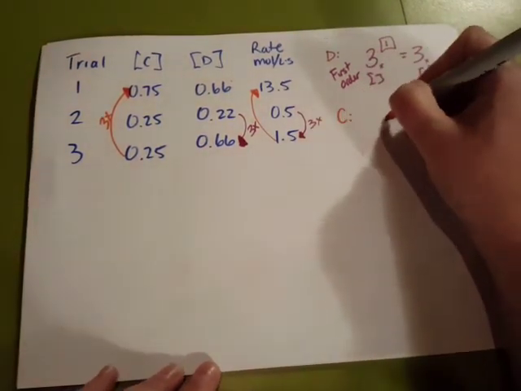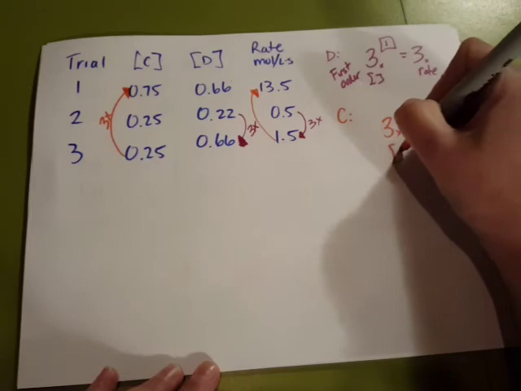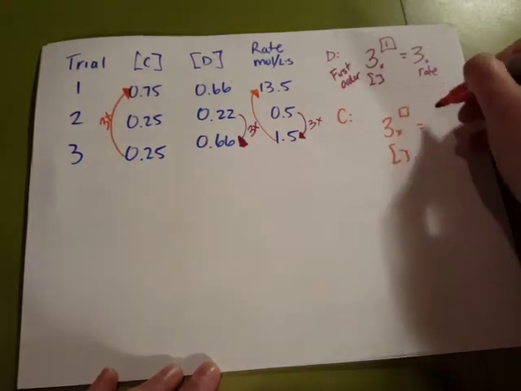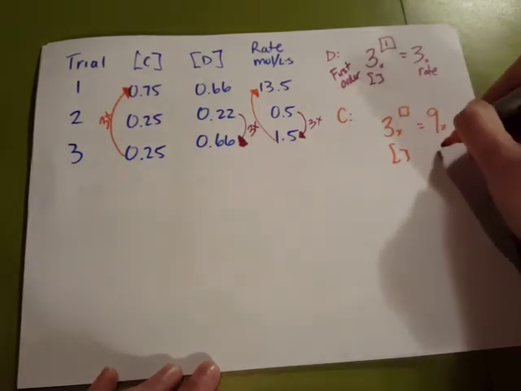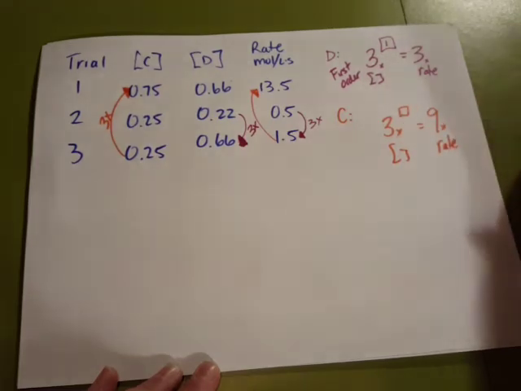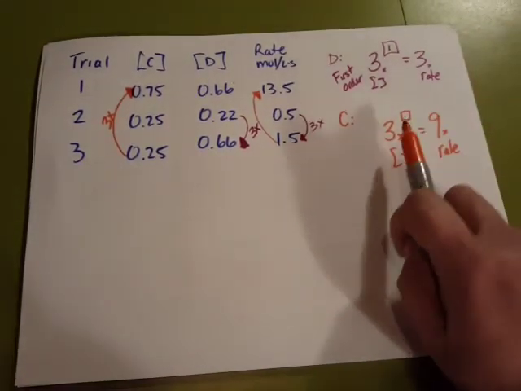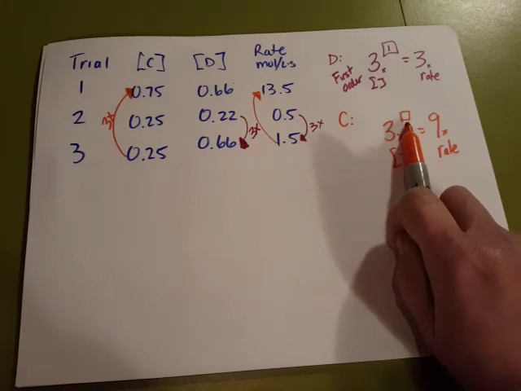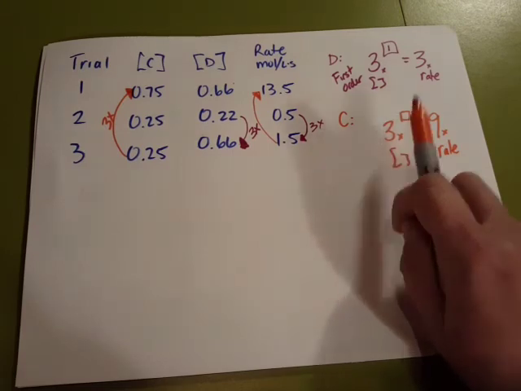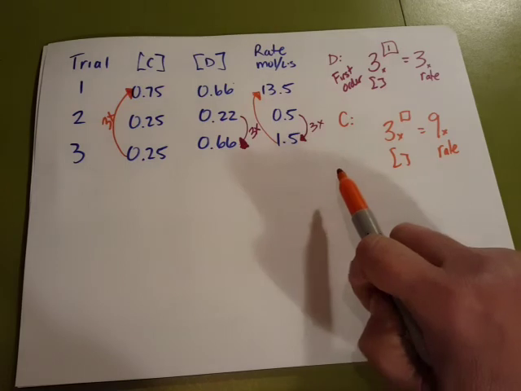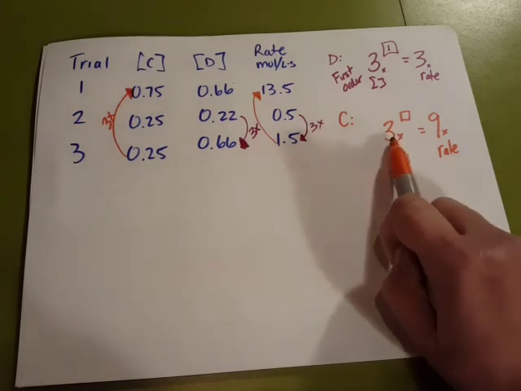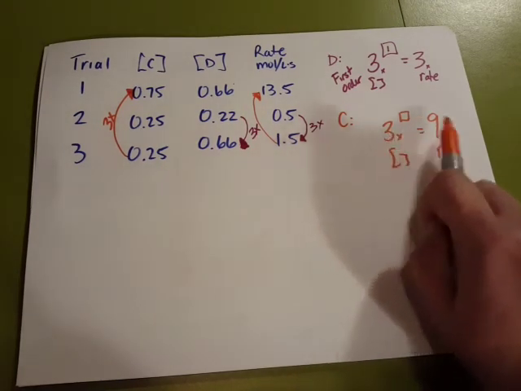So for C, we had 3 times the concentration, but we saw 9 times the rate. So what power helps 3 become 9?